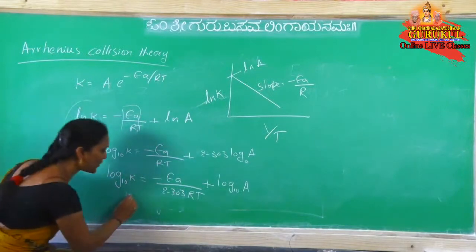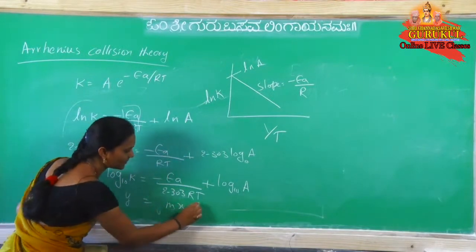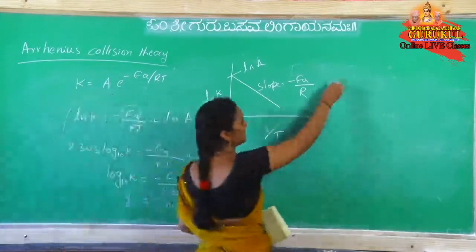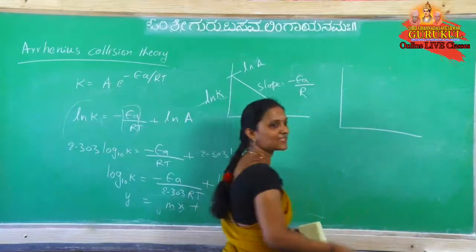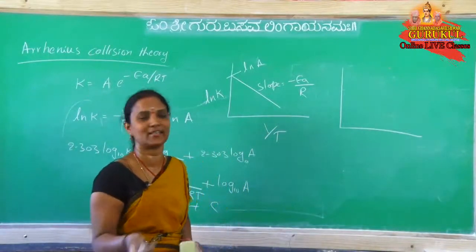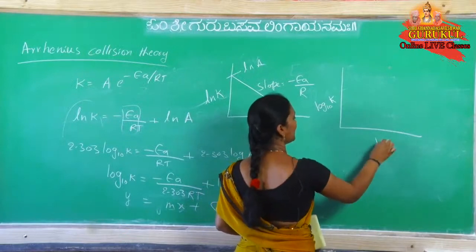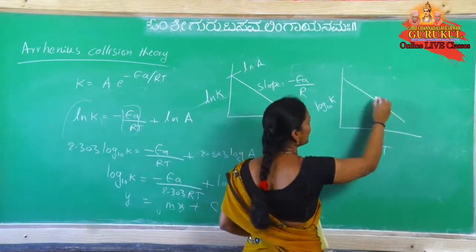Now this is again in y equals mx plus c form. On the y axis, we should observe carefully, ln K was given earlier, now log K is given. Now log base 10 K versus 1 by T, again a negative slope. If they give the slope value, can we calculate the activation energy?